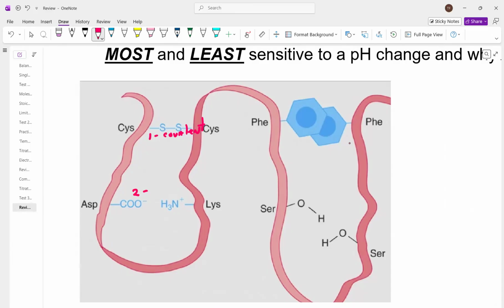So this would be ionic. IMF. This is number 3, and this has got H bonding. And this is number 4, LDF only.